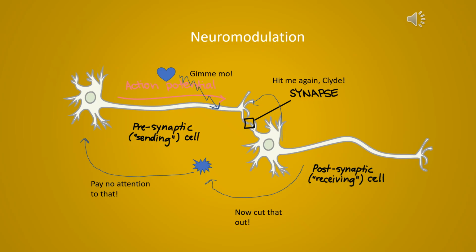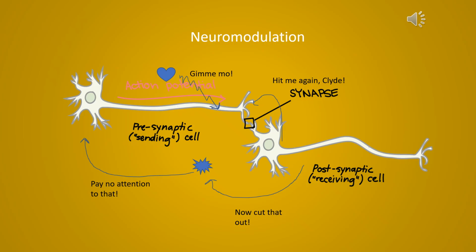So I have drawn some funky little lines here and stuff. So let me see if I can explain a little bit about what I was trying to get across to you. So you recognize that we have a presynaptic cell and we have a postsynaptic cell. Well, in this case, I have drawn a little blue line from the postsynaptic cell, and this is in the upper part of the image here. The little blue line going back to the presynaptic cell, which is saying, hit me again, Clyde.